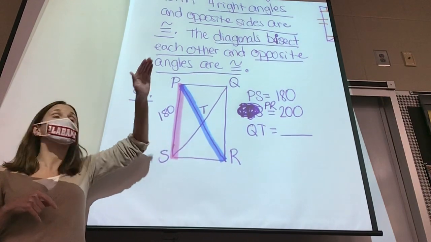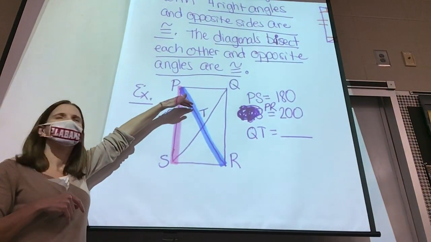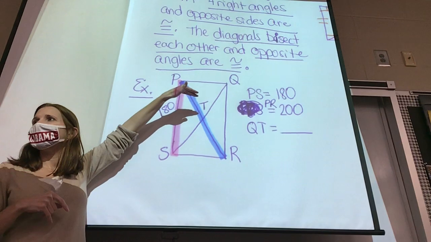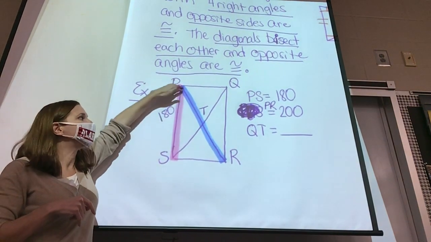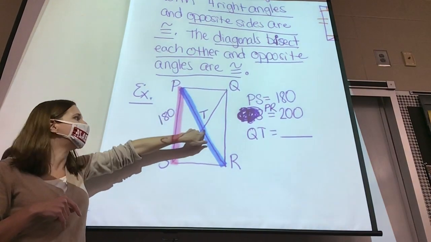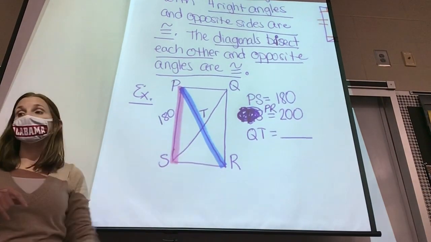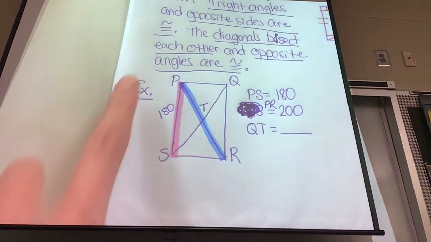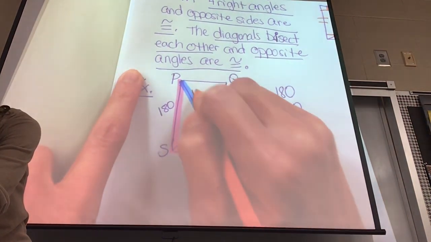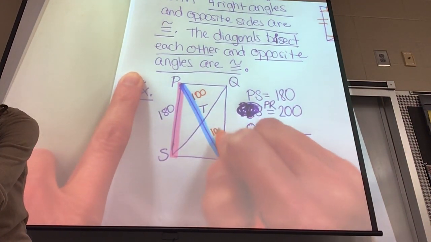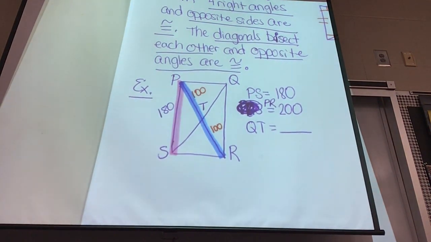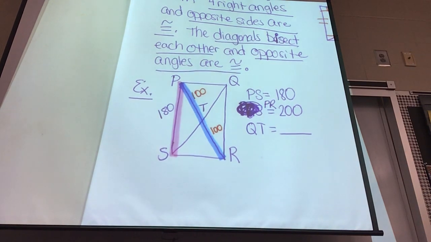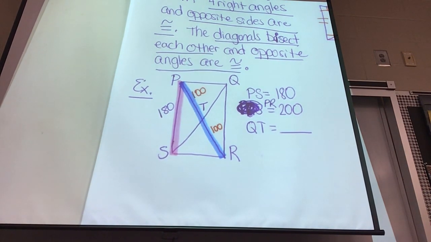So this side is 100, and this side is another 100. I took the whole thing and divided it by 2 because it got cut in half. So if everything's congruent, that would make QT 100.